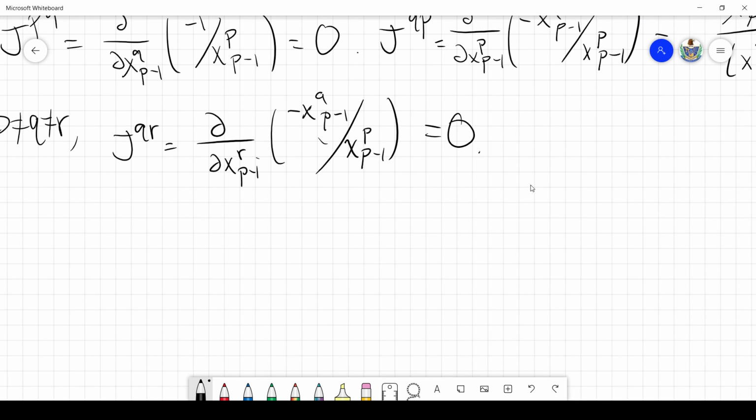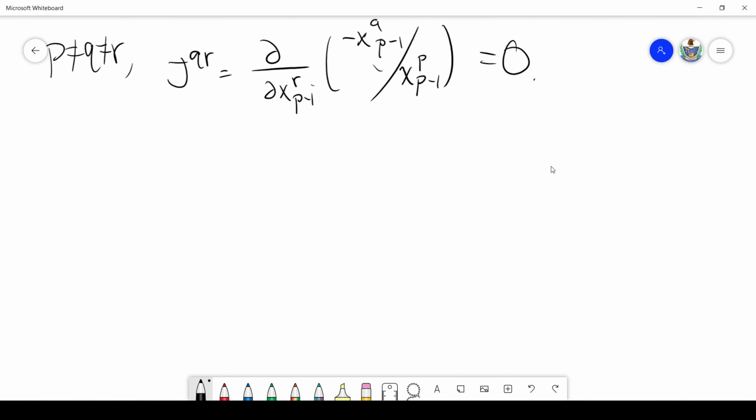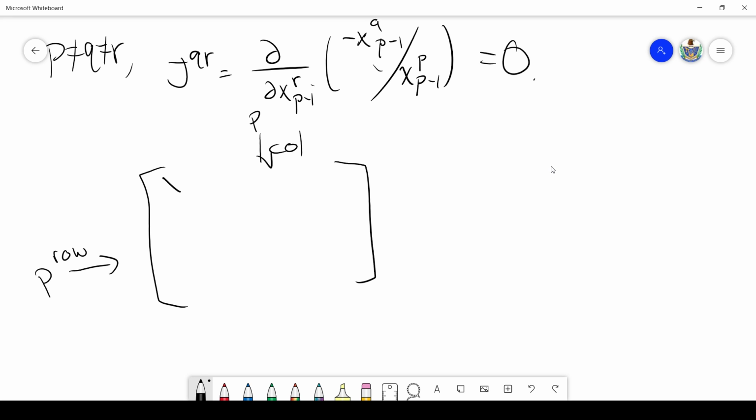So now what we have is a general structure for this matrix. Essentially, say we have row p and column p. We know what the diagonal terms are. We know that row p is going to be a bunch of zeros except for the diagonal. And then the column has some non-zero terms.